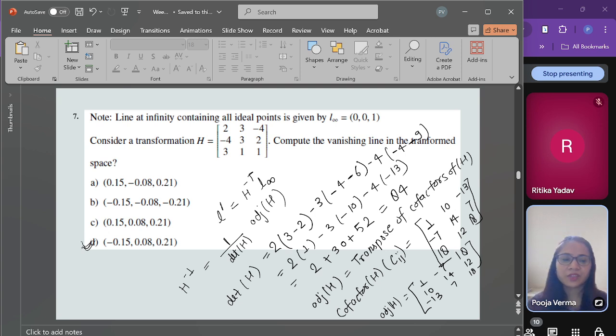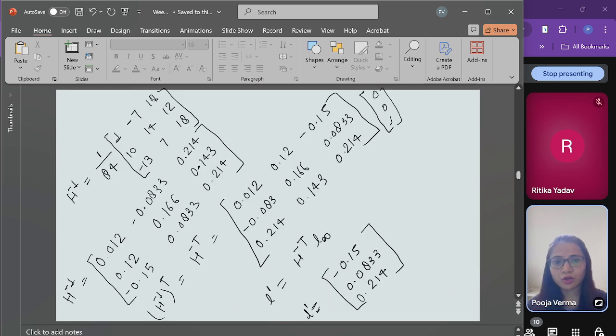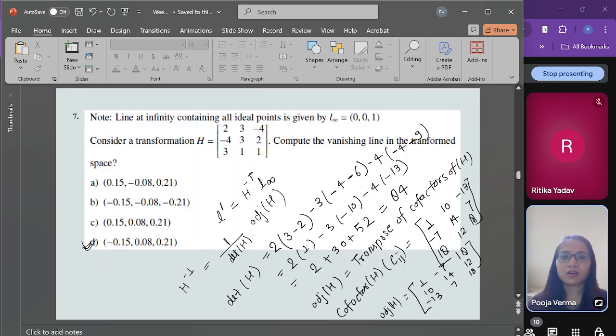Option D is the correct answer for this question. Have you understood how to solve this? Just put in a simple formula and solve it. Master yourself at finding the H inverse.